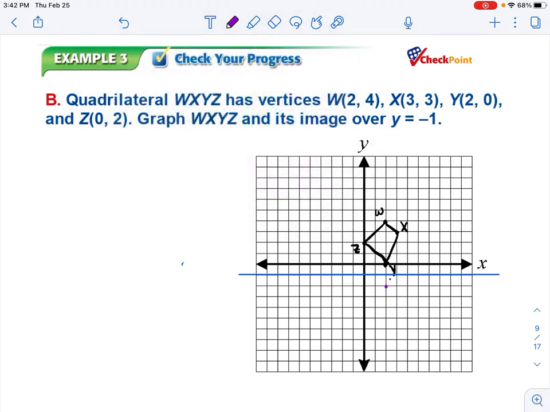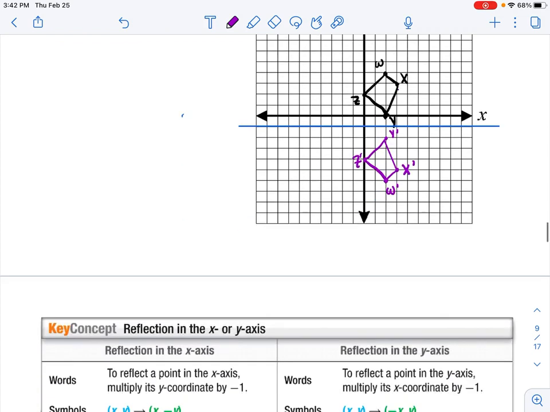Count your way. And then graph it. And there is your pre-image and image shapes.